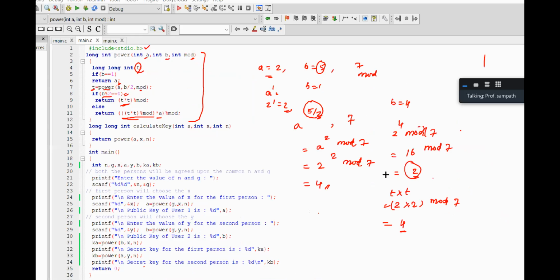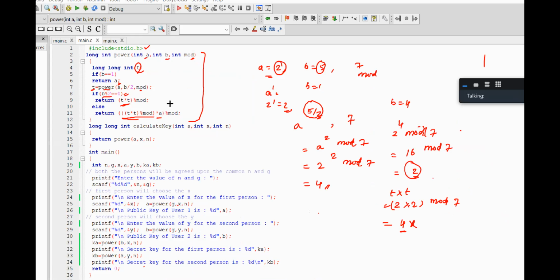How will this work? If it is not the case, then t multiplied by t mod, what is the value? It is 4, multiplied by the a value. What is the value of a? It is 2.